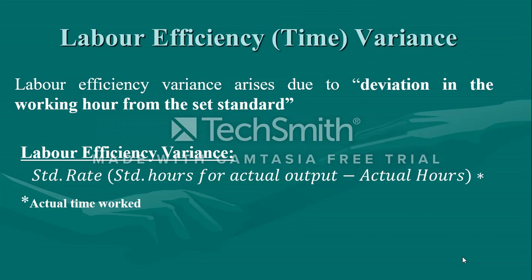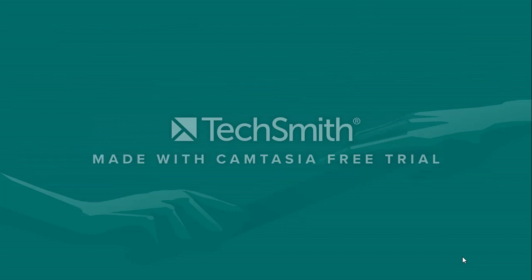The standard rate is the predetermined rate. Standard hours for actual output is the standard time for actual production, minus actual hours, the actual time taken for production of a particular unit or product. As a note point, actual hours means actual time worked or actual time taken.